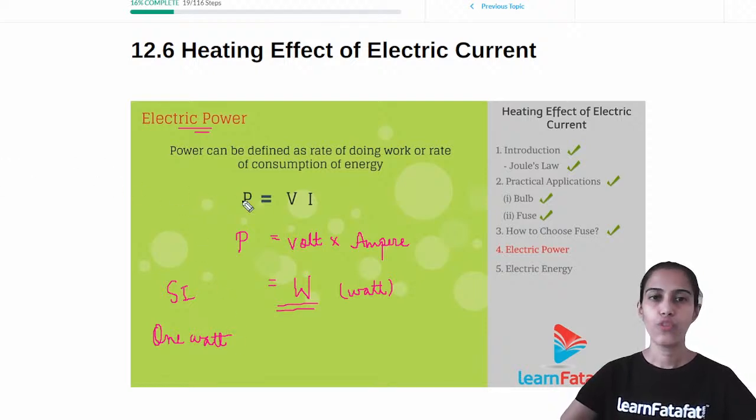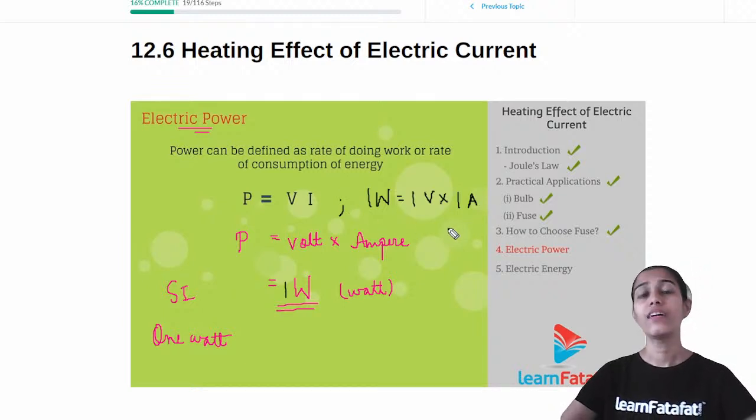We will make this from this formula itself. If I have to say the power is 1 watt, what I'll do? Write 1 watt in place of power, 1 volt in place of V, and 1 ampere in place of current I. Now from this expression you can make the definition for 1 watt.